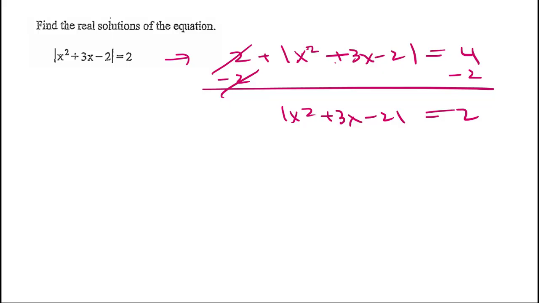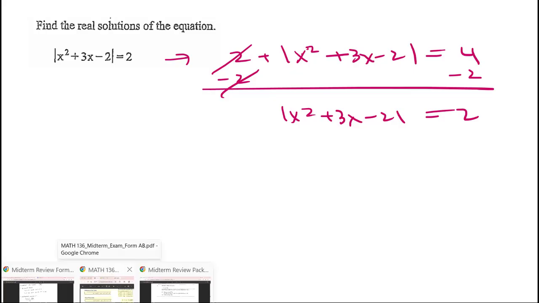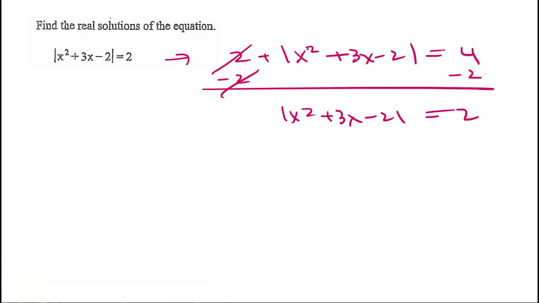Okay? Now I can apply the theorem. The theorem says, hey, if you have an absolute value, you're going to have two separate equations, right? Remember, the absolute value just means how far away am I from the left side of zero and the right side of zero.